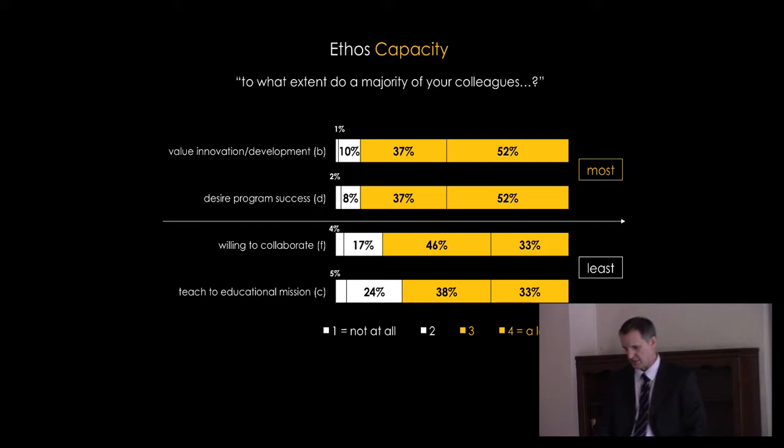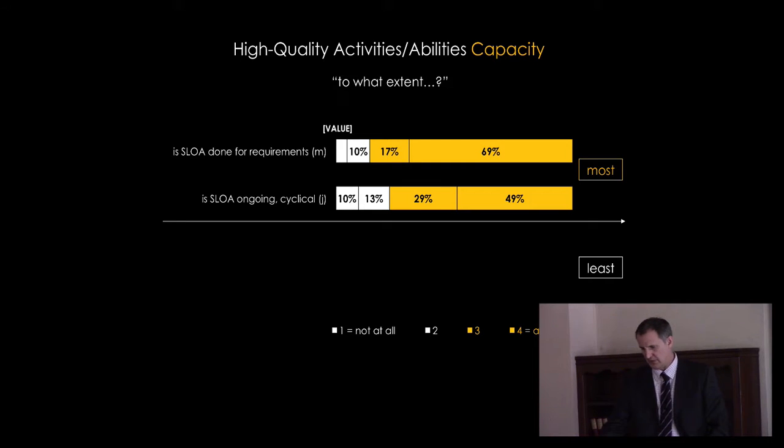Dedicated language educators, right? Now this is a kind of grab bag of high quality activities and abilities. And they had quite a lot of this as well, I have to say. Is student learning outcomes assessment done for requirements? That's a reverse-coded item. It would have been better if this one was down below, and you weren't doing assessment just because you were required to do so.